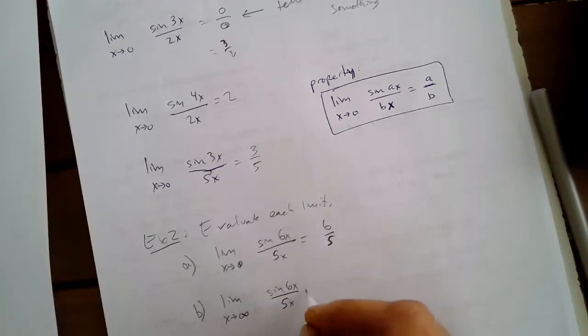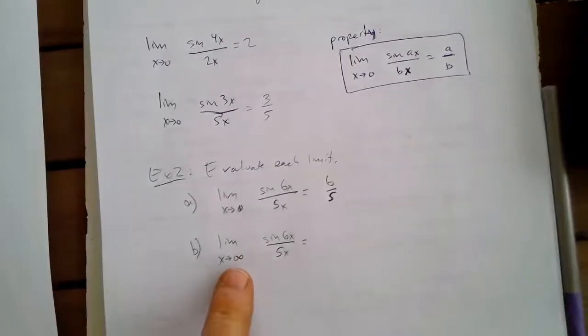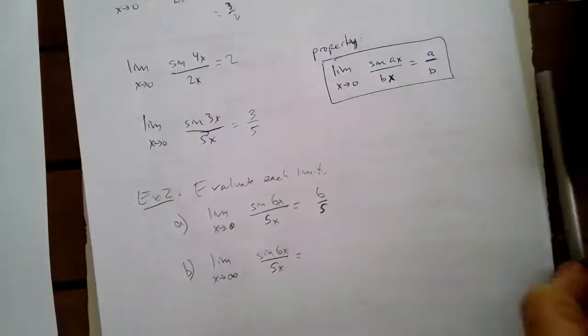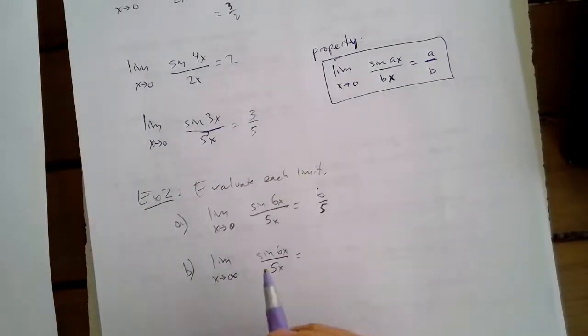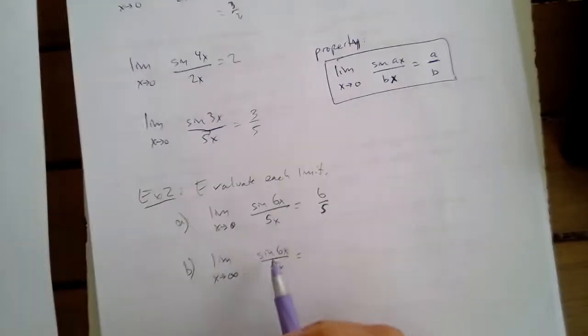Okay, so if we think about this, this one's going to be a much different graph. Let's talk about it theoretically. Theoretically, the top here, when we have rational functions, we think about what happens at the ends. So this top here is going to be oscillating between -1 and 1.